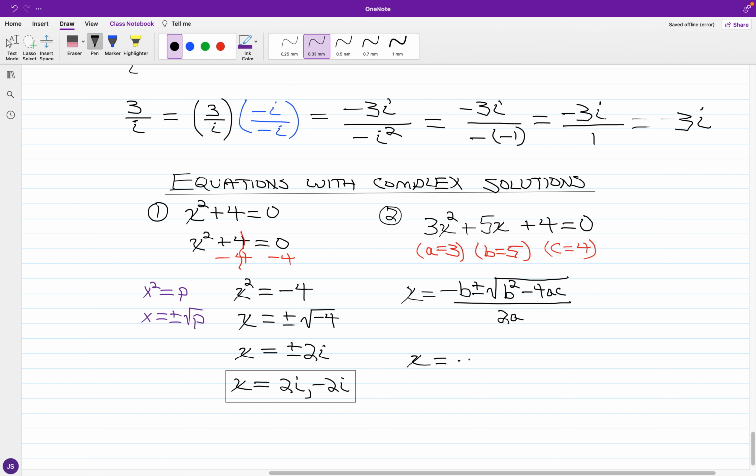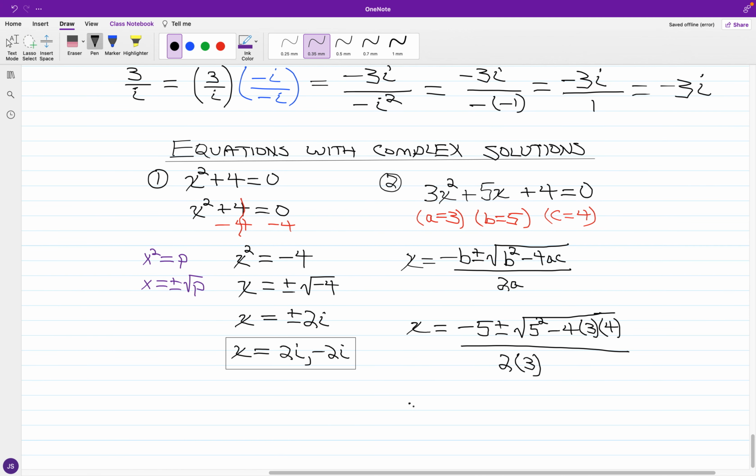And we have a direct substitution, so you got -5 plus or minus, and we have the square root, and again we have b squared is 5 squared minus 4ac is -4 times 3 times 4, and we have all over 2a, so we're going to have 2 times 3, and filling in what we have here.